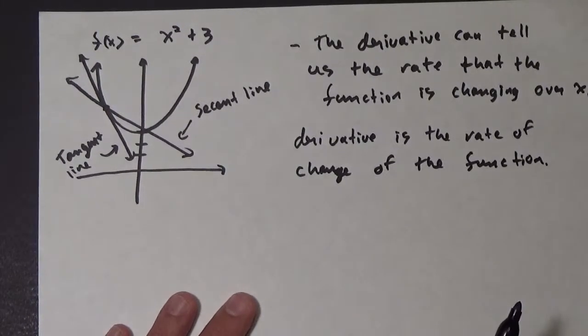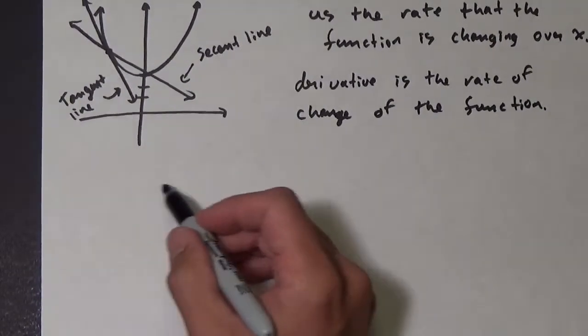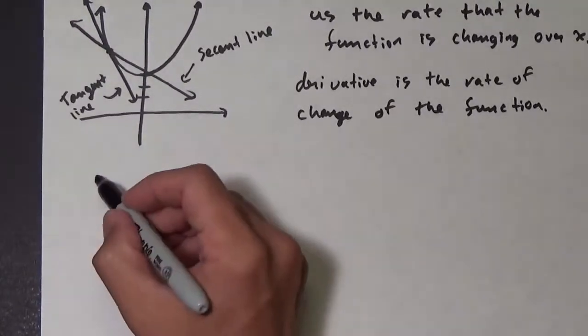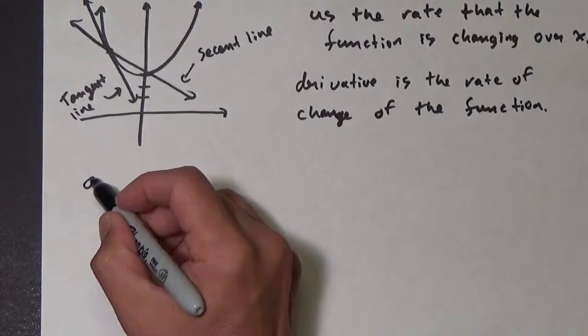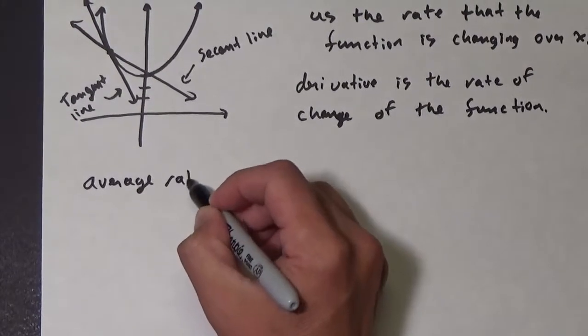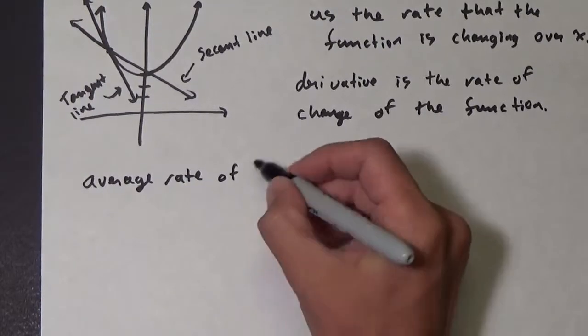Right. So let's go ahead and summarize this with a little, I don't want to say a table, but a summary here. Average rate of change.